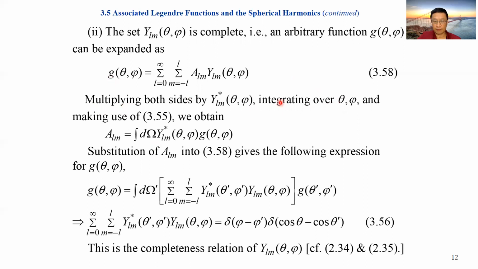Multiplying, integrating, and making use of 3.55, we obtain this one. The coefficient A_Lm is the integral over omega of Y_Lm complex conjugate of theta, phi times g. Okay, so we will obtain these coefficients by doing so.